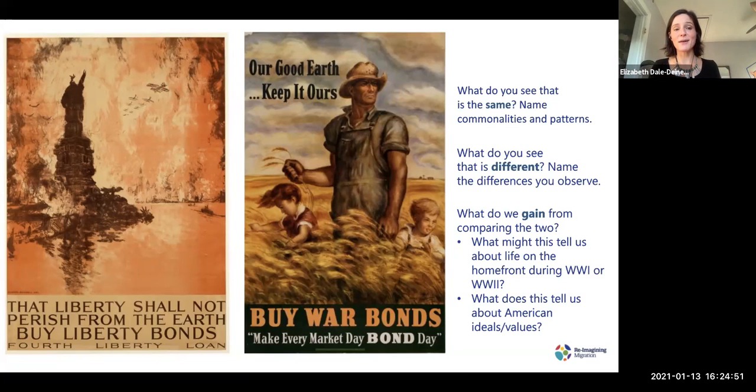Loss of ownership, losing the harvest, taking over. The threat is on the future generations. Like in both cases, I am dooming us to horrible outcomes if I don't buy war bonds. And I can laugh about this now, but I can imagine, because we're living through hard things, that it would be scary.